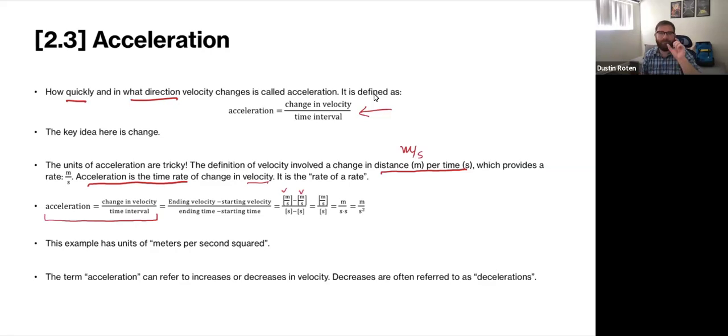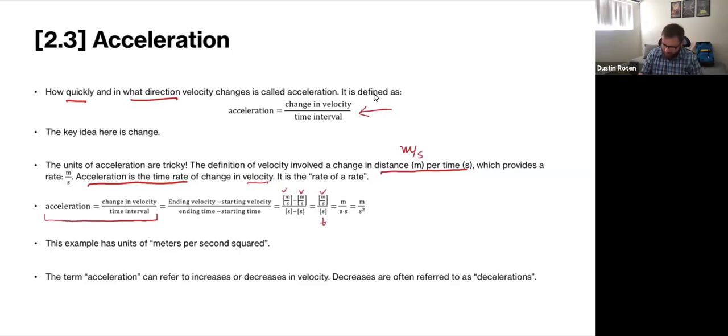So if I have some ending velocity minus some starting velocity, I'm still going to be left over with a velocity. So that's what's going on in the numerator. Same thing in the denominator. I have some time minus another time. So I'm still going to be left with a time. Okay, so that's going to be down here in the denominator.